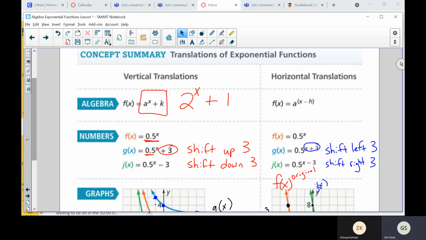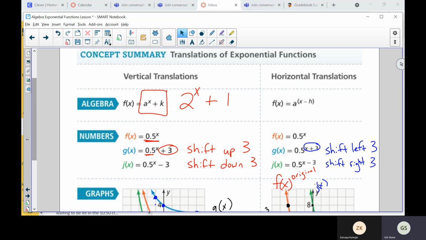You're on the right track, but specifically, what's part of that? It literally says shift up three. What part of that equation is telling you that? Oh, plus. There you go. So this was the original equation, something with just a number raised to an x power. If you then add 3 to that, just like they took that original and added 3 to it, it's shifting it up.